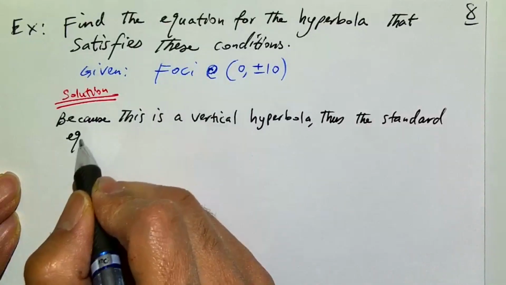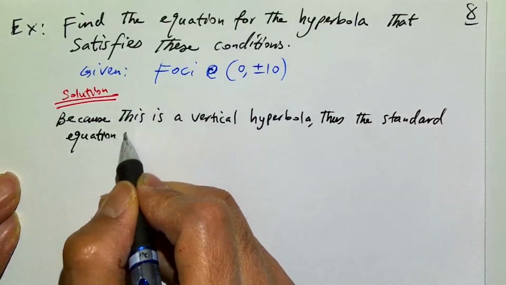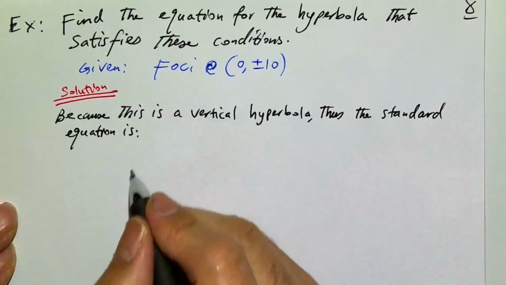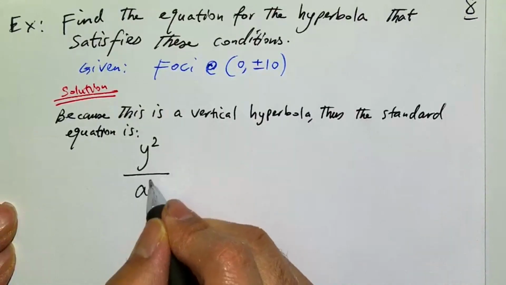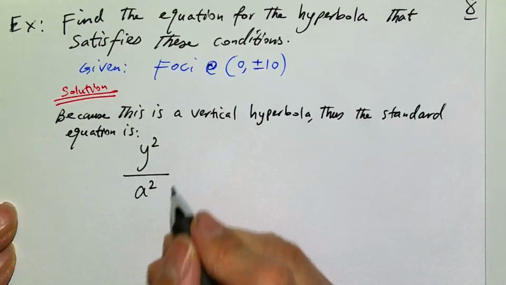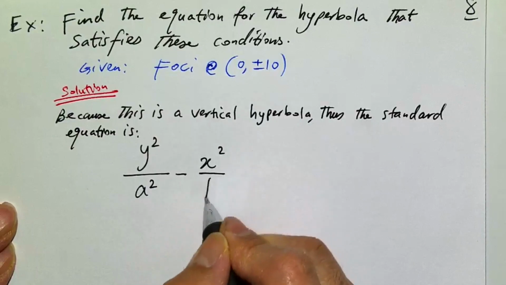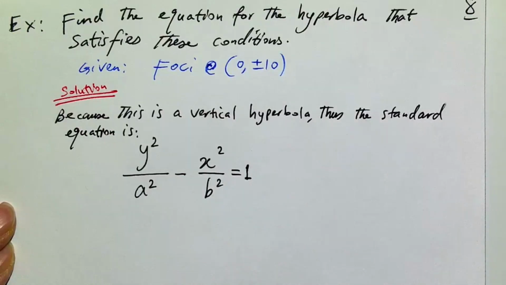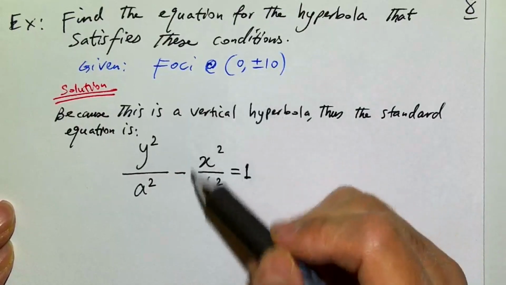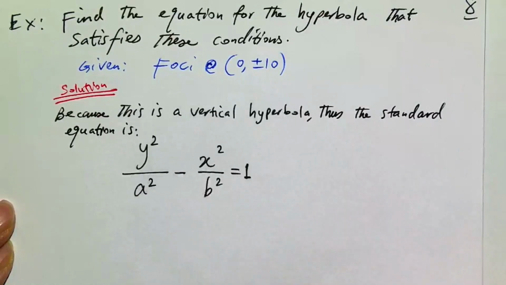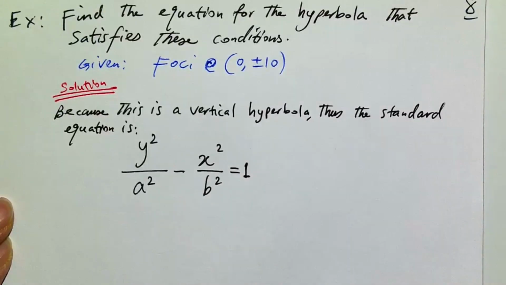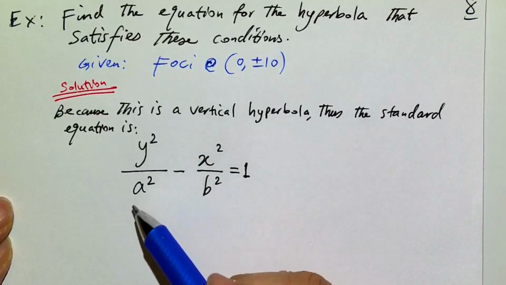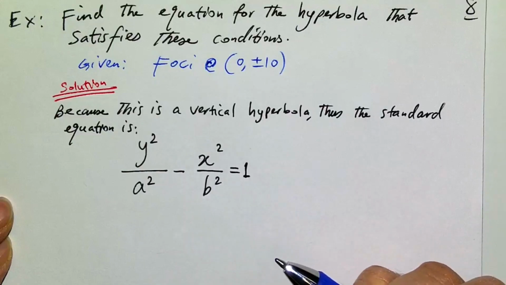Thus, the standard equation is as follows. We have y squared over a squared minus x squared over b squared equals 1. Okay? So that's what we get from this. So we already know it's going to look like that, our final equation. And then all we have to do is find a squared and b squared, right?